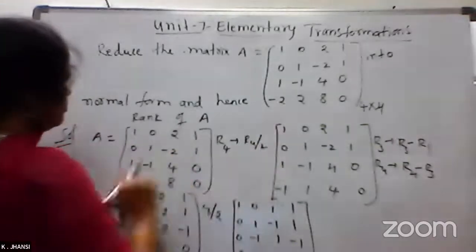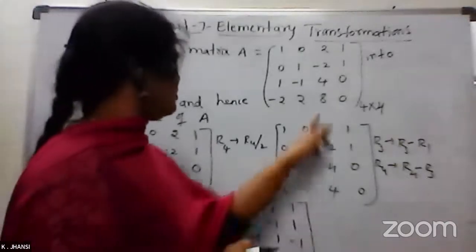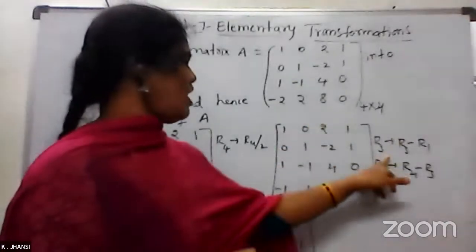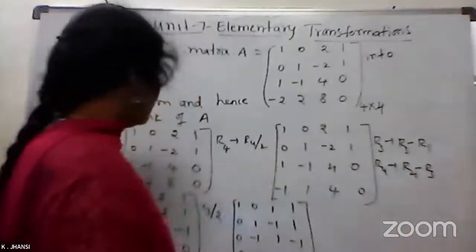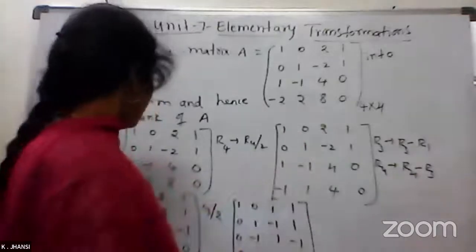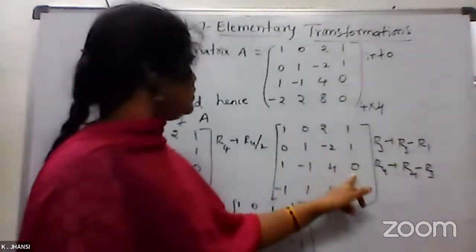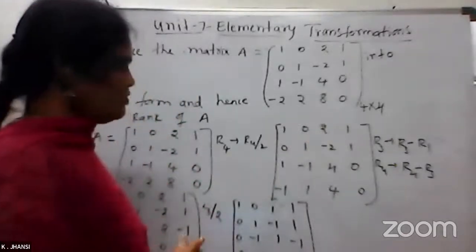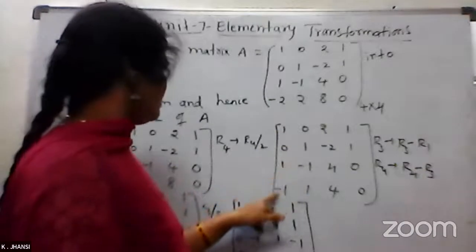R4 by 2. So we got minus 1, 1, 2, 4, 0. Okay, R3 is R3 minus R1. 1 minus 1, we got 0. Minus 1, 0 is minus 1. 4 minus 2 is 2. 0 minus 1 is minus 1. Okay, R4 minus R3.